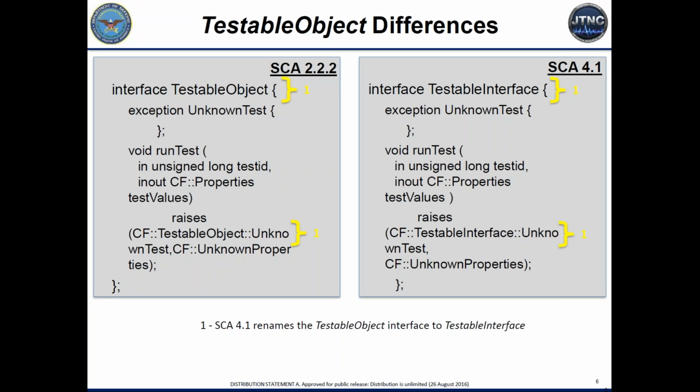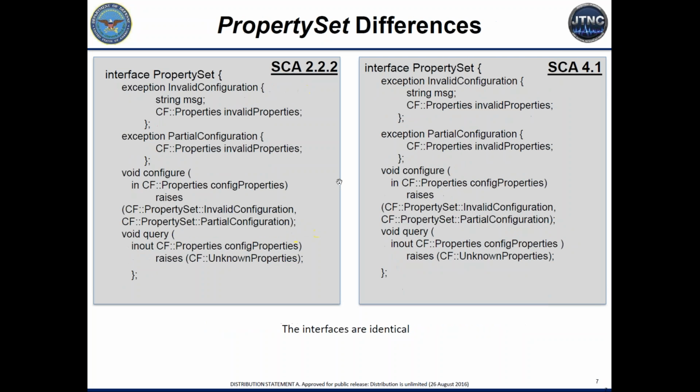And if there are any logic things associated with that change, they'll have to be accounted for. None of those items are rocket science or necessarily difficult, but it is work that needs to be done. Now we look at the property set interfaces.